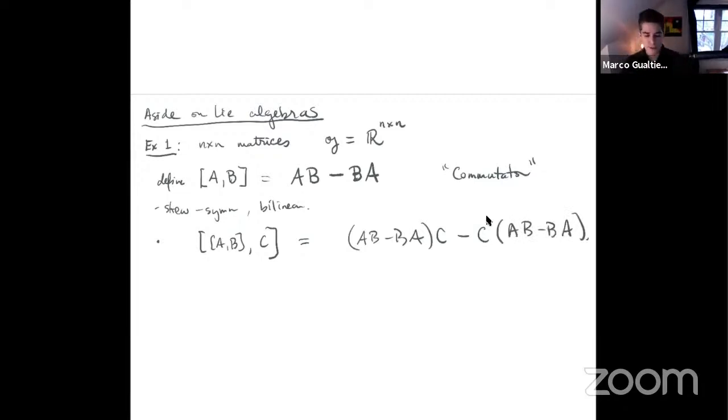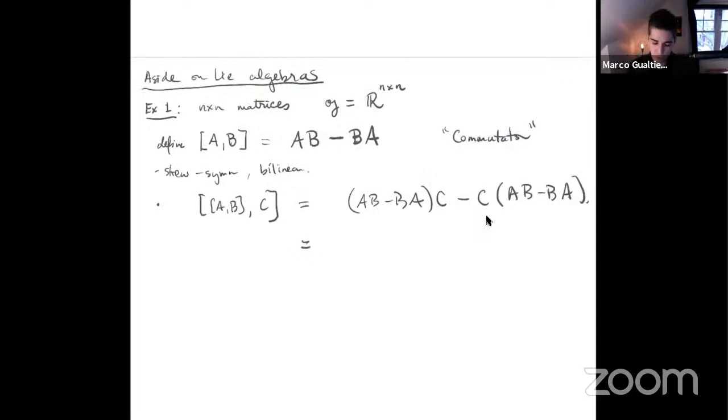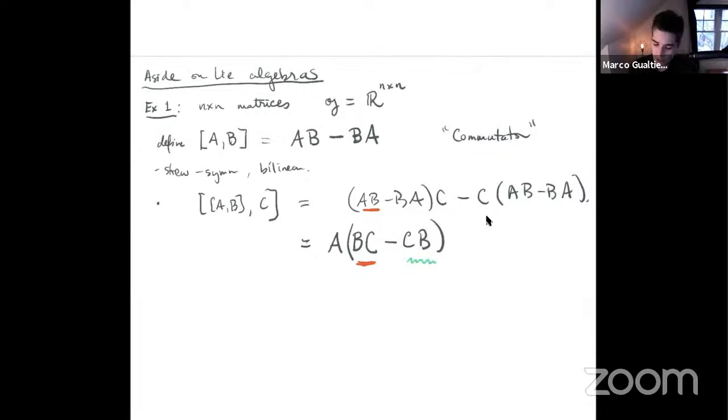Okay, and then if you rearrange this information, you take an A out, and there's a BC minus CB.